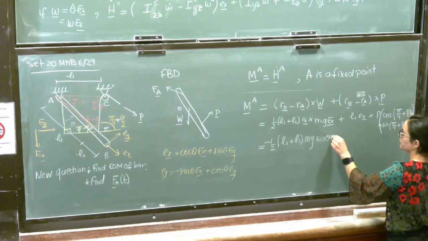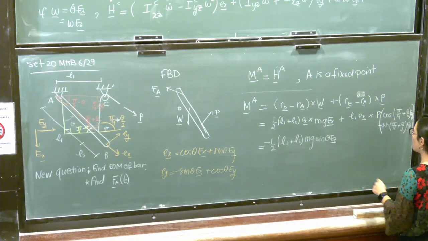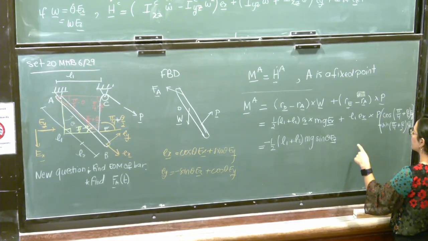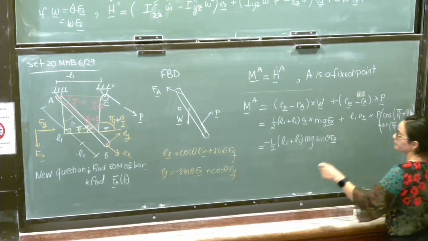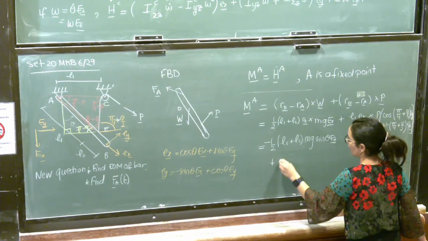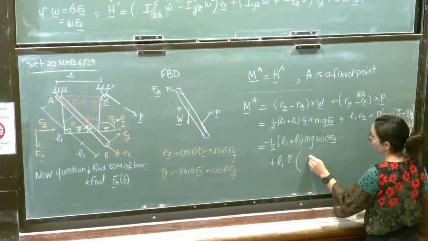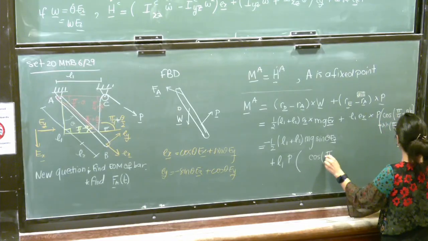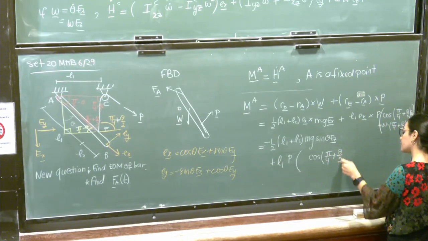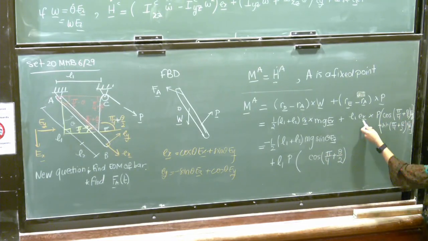Easy. Okay, then I'll have the plus L1 times P cosine pi by 4 plus theta over 2. Okay, what is small ex cross big ey?